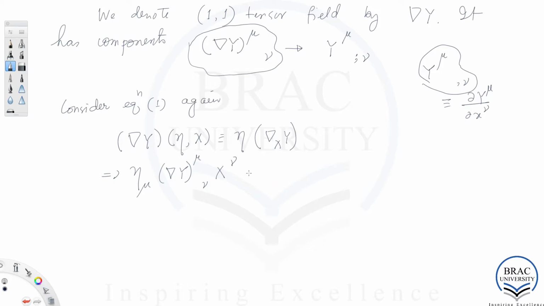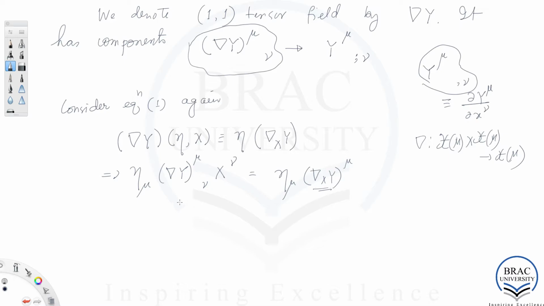And on the right side we have eta mu nabla x y mu, because this is a vector field on the right according to the definition of this map nabla, right? From XM cross XM to XM. Good. So what do we see from here?